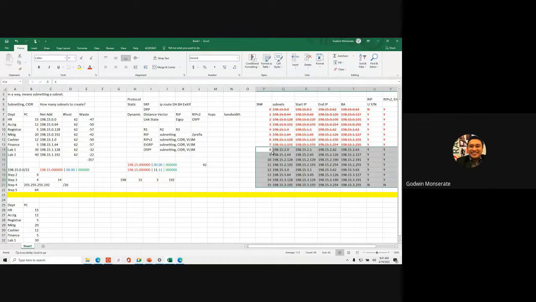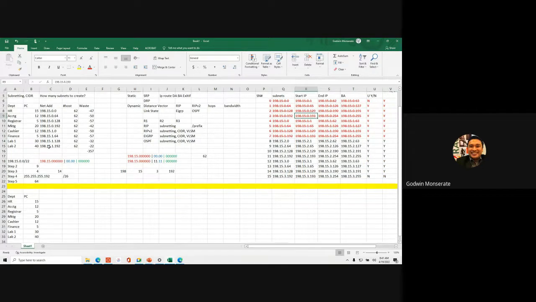So it's either 8 to 15 or 8 to 14 actually. The 15 cannot be used, so this will be wasted or reserved. We will compare this later with our computation in the VLSM procedure.